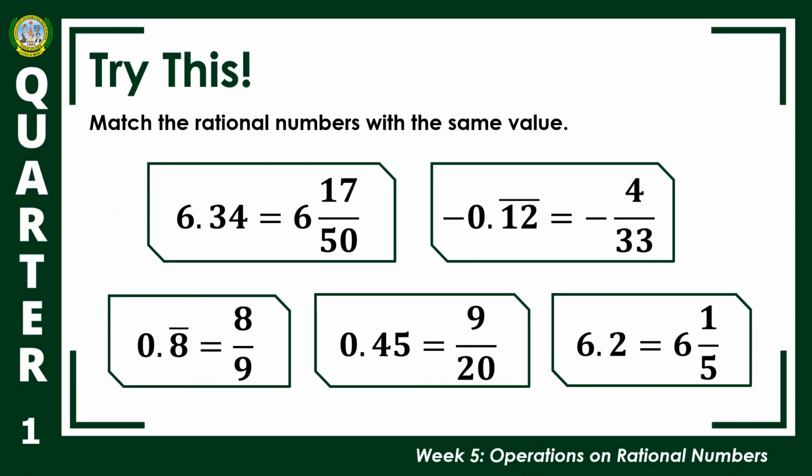Time's up! So, ito na po yung ating mga answers. Sana po ay nakuha nyo po lahat ng tama. So, ang 6.34 or 6 and 34 hundredths ay 6 and 17/50.